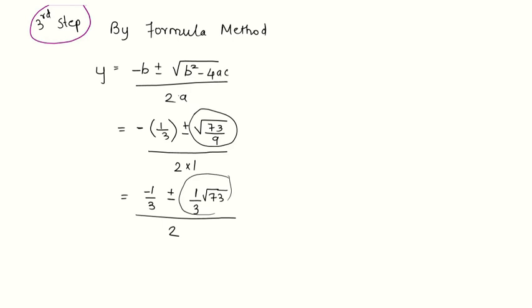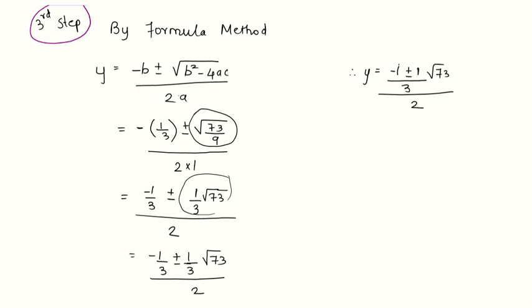Solving it further, what we will do here: minus 1 upon 3 plus or minus 1 upon 3 and square root of 73 upon 2. Here 3 is common. Therefore y is equal to minus 1 plus or minus 1 upon 3 square root of 73 divided by 2.